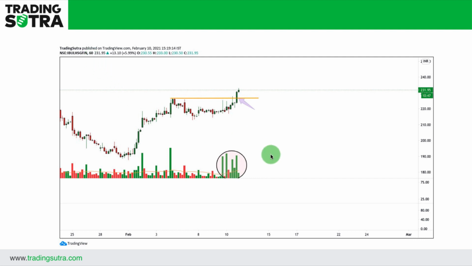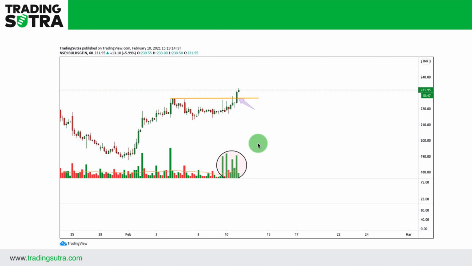Since it is a 1 hour time frame, the higher time frame, we can expect higher targets also. At the time when the stock gave a breakout, the price was at the 232 level, so we can expect a target of the 244 245 region. So this is how we have to apply this simple strategy. Just find the support and resistance, find the candles closing above the resistance or below the support, and we need good volume, more than average volume, right?